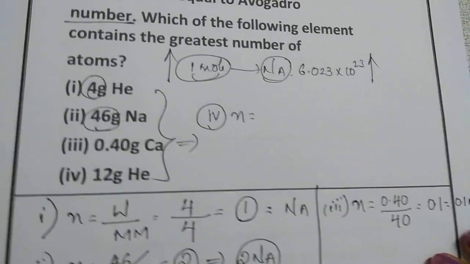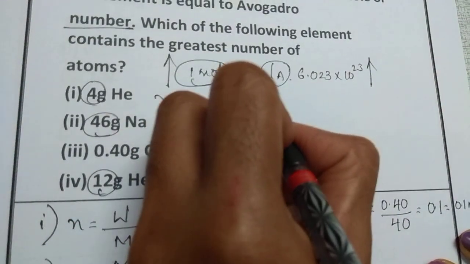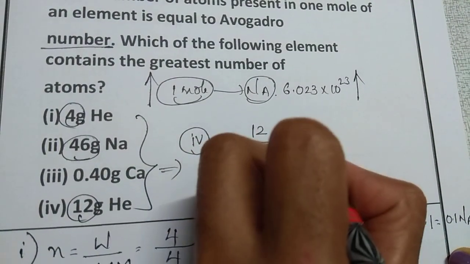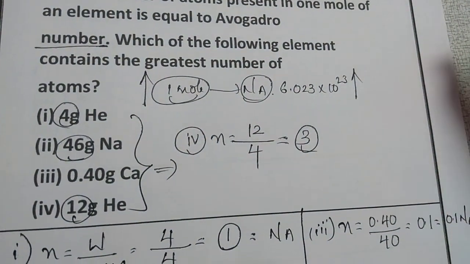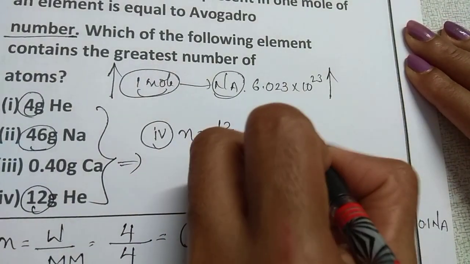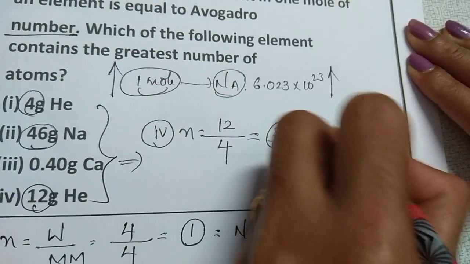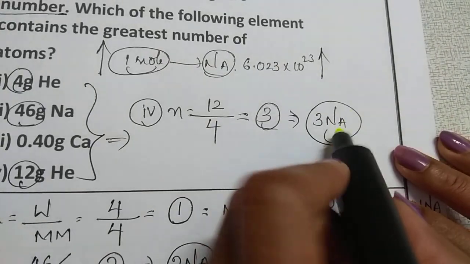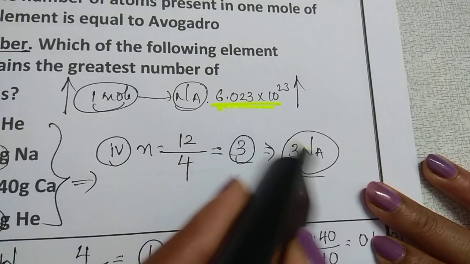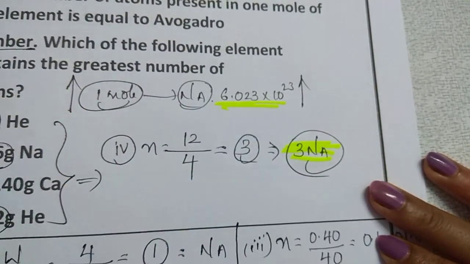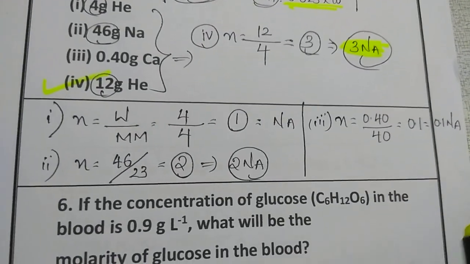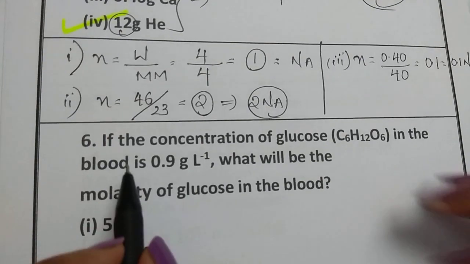Number of moles is weight 12 by molecular weight of helium is 4, which means 3 moles. 3 moles means how many atoms? 3 into Avogadro number of atoms. If you see all the 4 options, which is having more number of atoms, 3 into these many number of atoms. So in this case, it is the correct answer. More the number of moles, more the number of atoms. Is it clear?